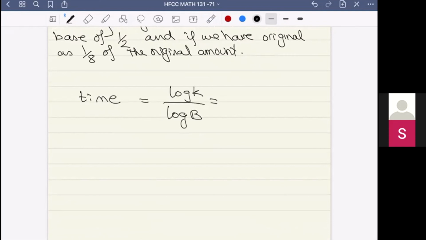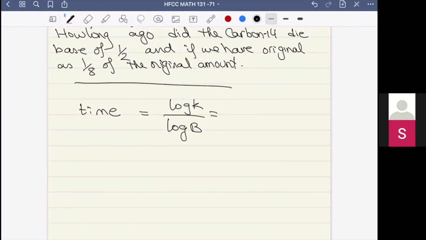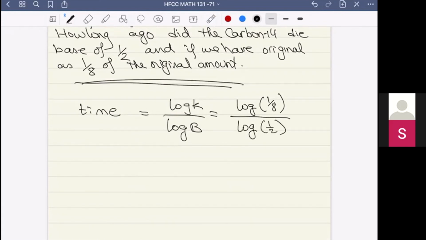What's my K? 1/8. So log of 1/8 over, what's my base? Half, log of half. So log of 1/8 divided by log of half is equal to 3.